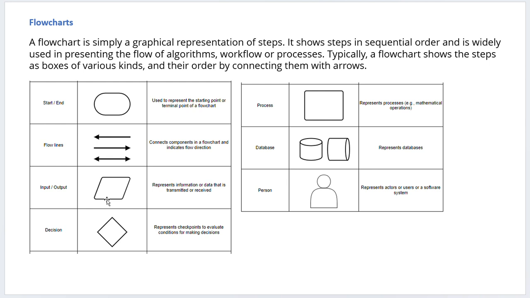The input/output symbol represents the information or data that is transmitted or received. The decision symbol represents checkpoints to evaluate conditions for making decisions. The rectangle or square box represents a process, for example some operations. The database symbol represents the databases, and the person symbol represents actors, users or software systems.